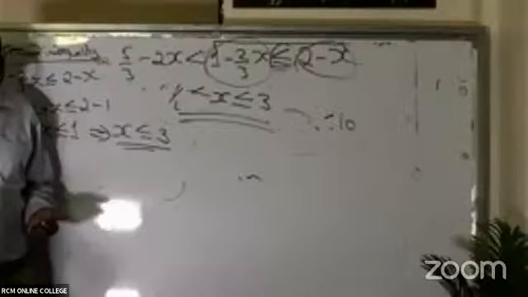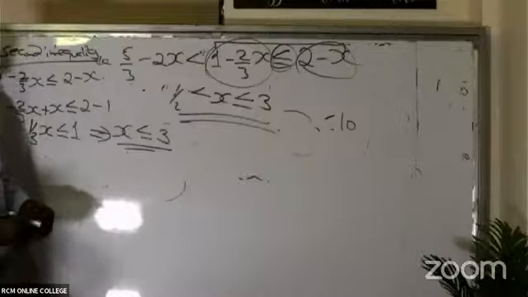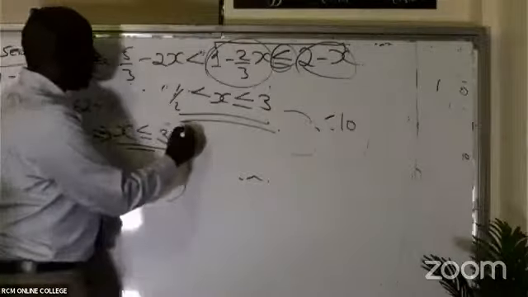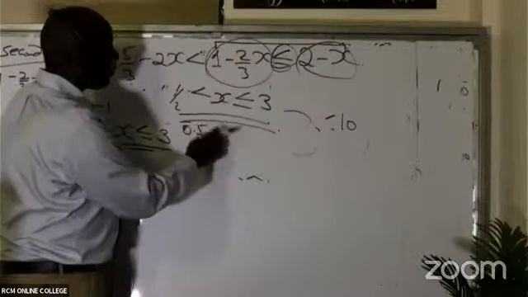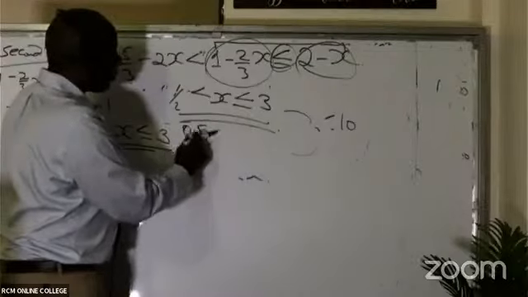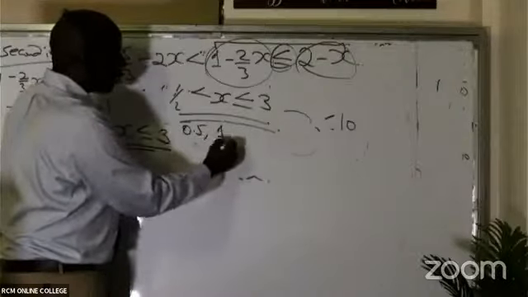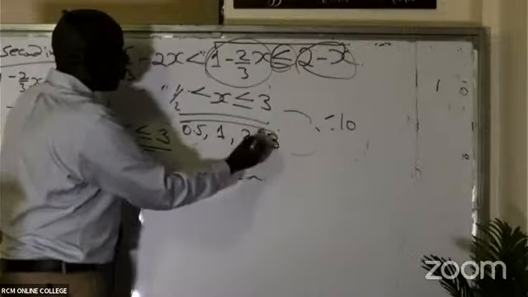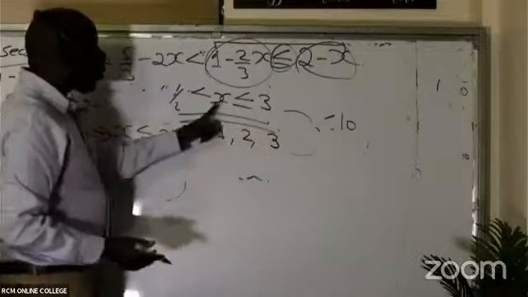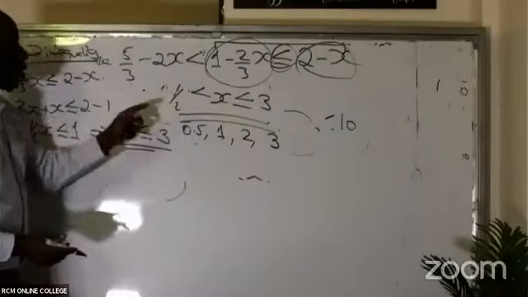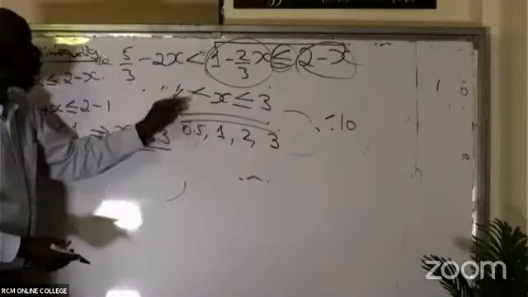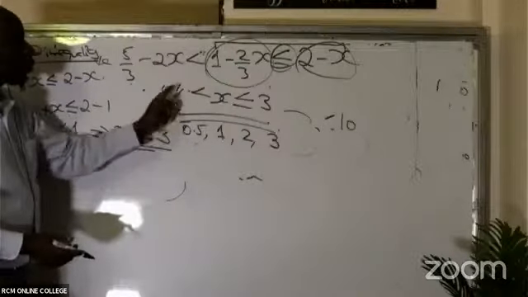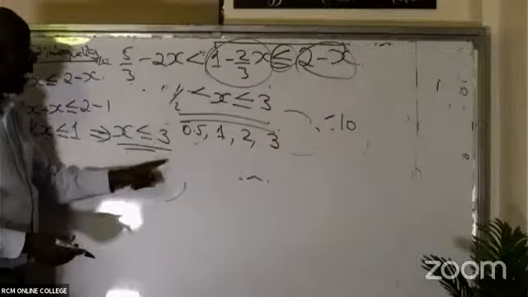So the numbers 1, 2, 3. Which numbers do we have? We have 0.5. From 0.5, if we start counting whole numbers on the number line, I'll talk of 1, 2, 3. But this inequality is very categorical. It is not talking of equal, it is talking of greater than 0.5.